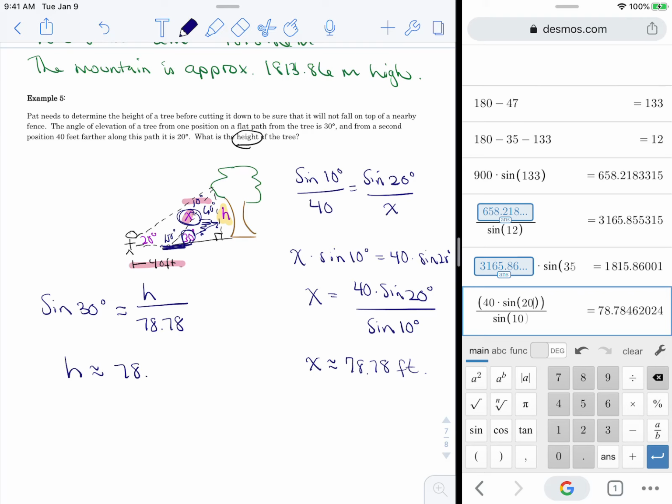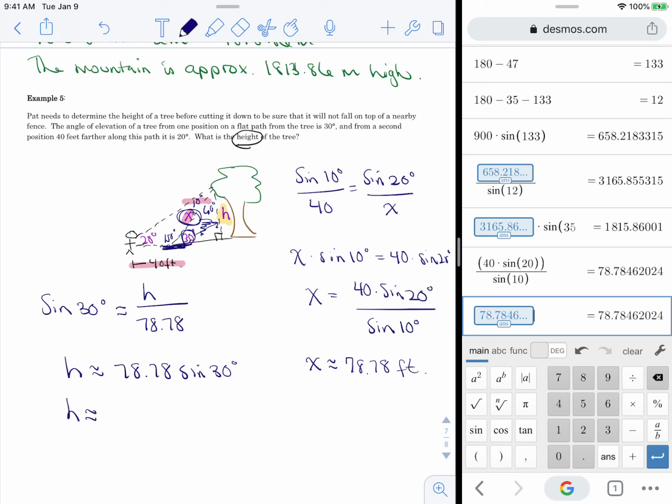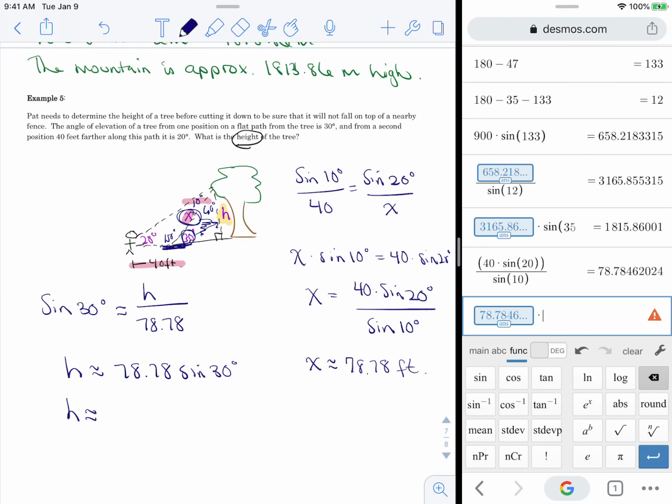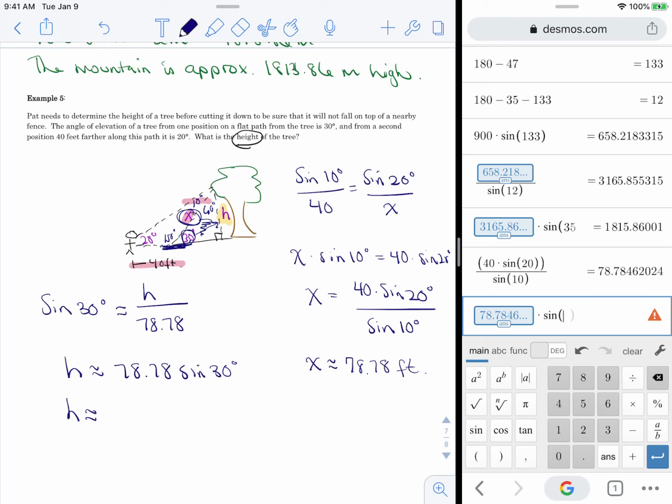And do that math. Let's see what we get. So again, I'm going to use the whole answer times sine of 30. And I get 39.39 feet.